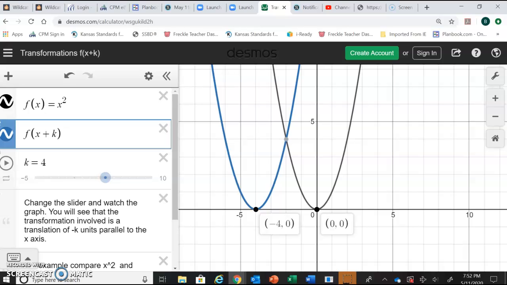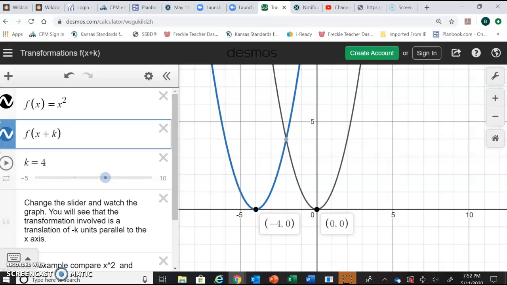Okay, so it looks to me, and this is the conclusion you should draw, that when it's plus a number, it's going to move left. Oddly enough, it actually does the opposite of what you would think it would do. So when you have x plus 4, that plus 4 inside the parentheses indicates that you need to shift your graph 4 to the left.